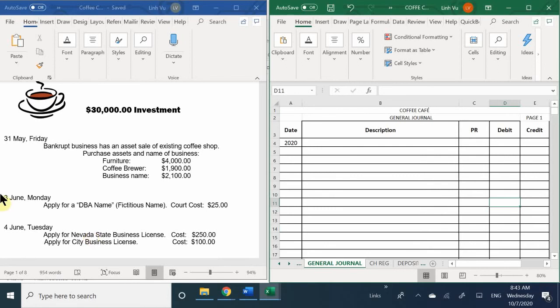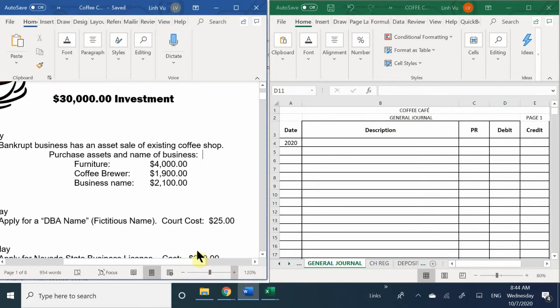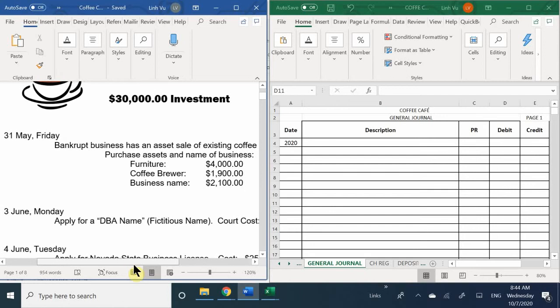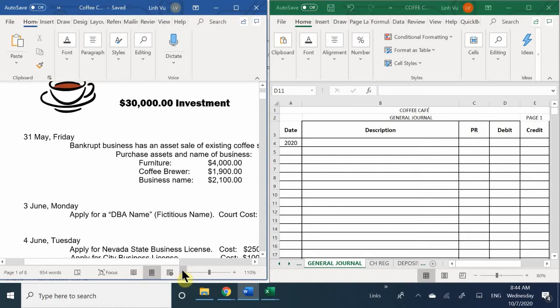So right now we cannot record anything until we open up a business bank account. With that being said, on the 3rd of June, we decided to apply for a business name change, and the total cost for that is going to be $25.